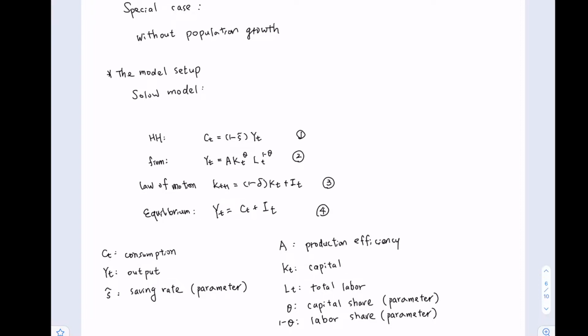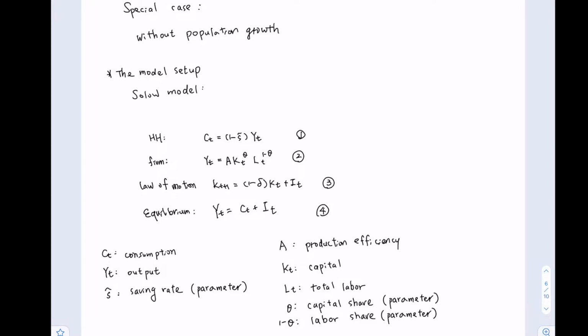Again, we need to set up the Solow model. We have the equation describing the household decision, which is that we save a portion of our income. We also have the equation to characterize the firm's behavior, which is the production process. We adopt the Cobb-Douglas production function.